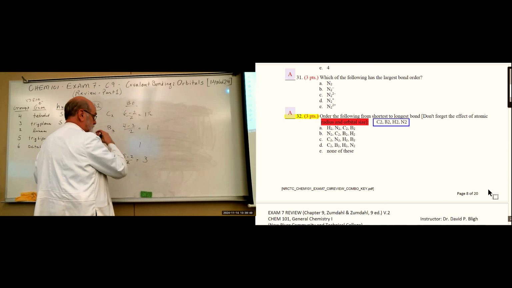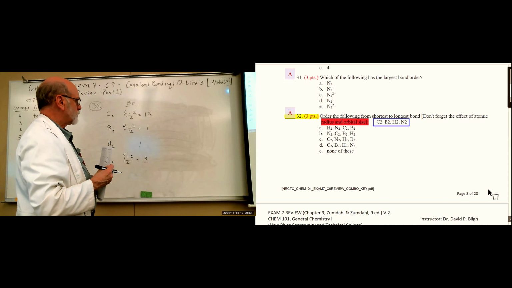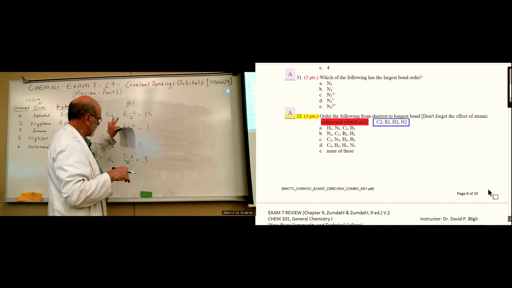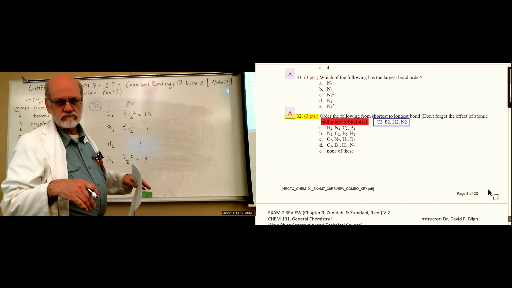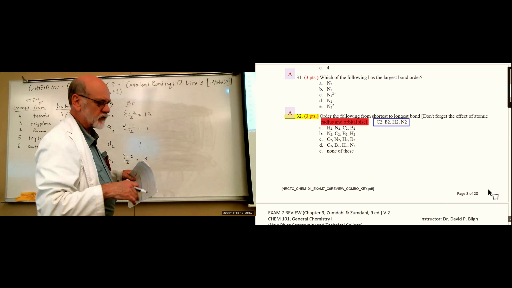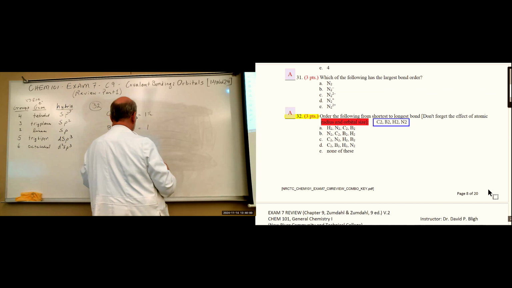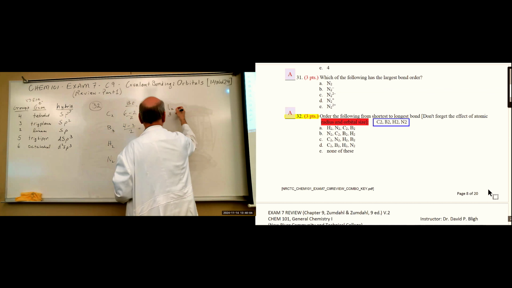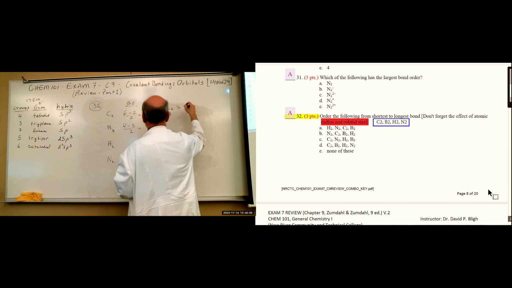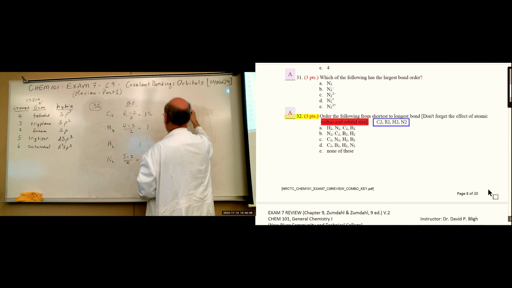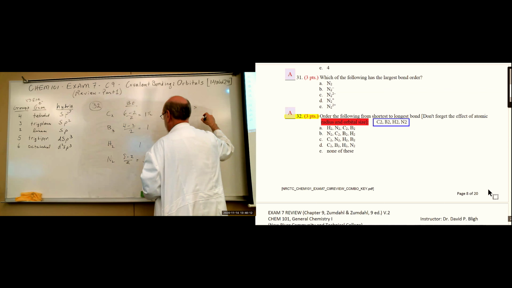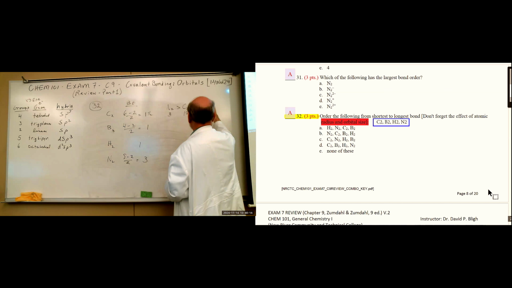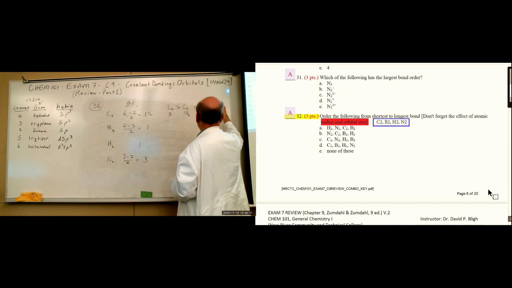Okay. So if we just order them by these numbers from shortest to longest, strongest to weakest, strongest would be nitrogen at 3. And then the next would be the dicarbon at 1.5. And then we have a tie, apparently, between diboron and hydrogen.